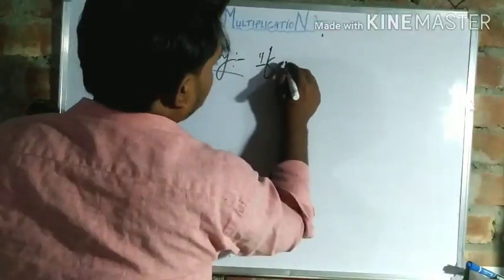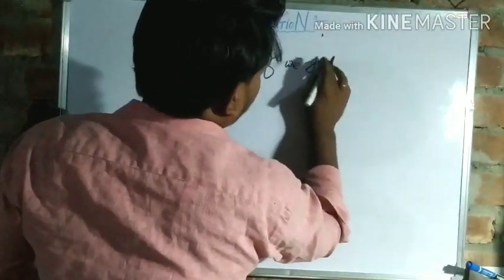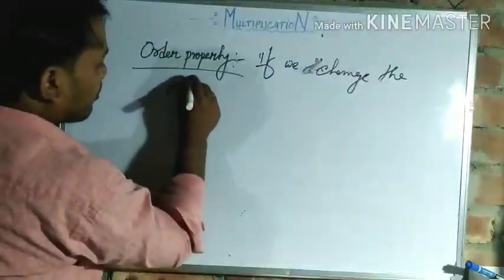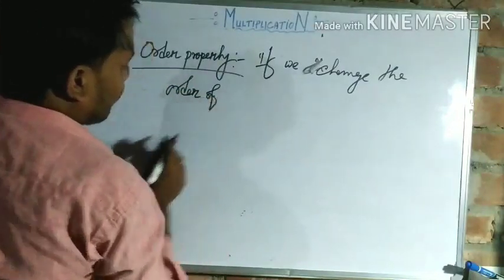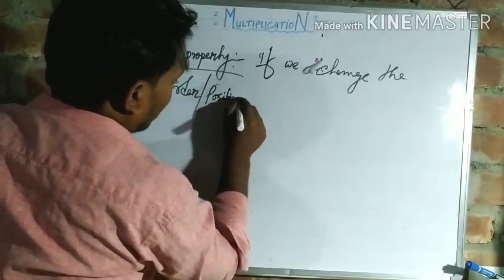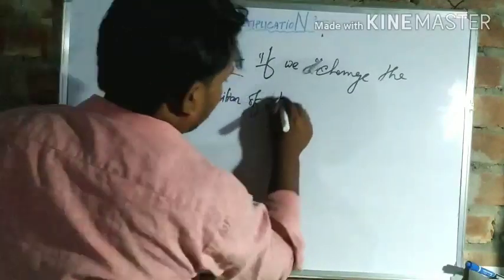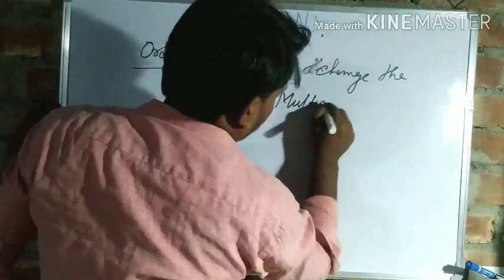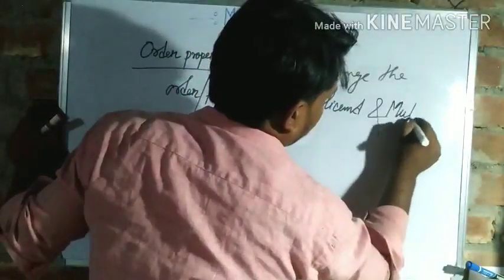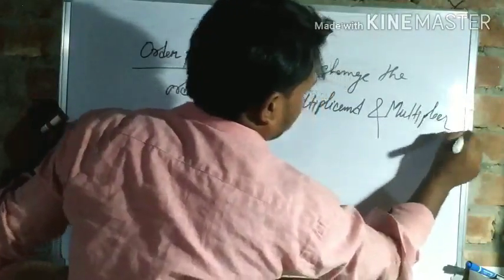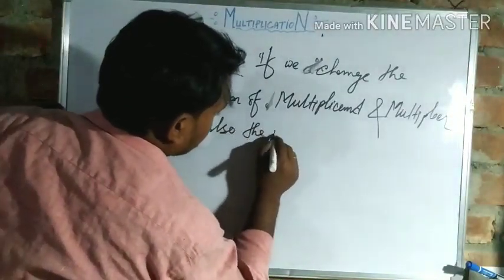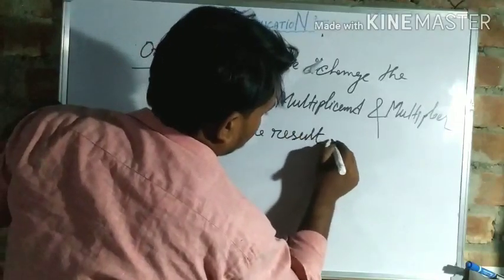If we change the order or position of the multiplicand and multiplier, then the result is also the same.